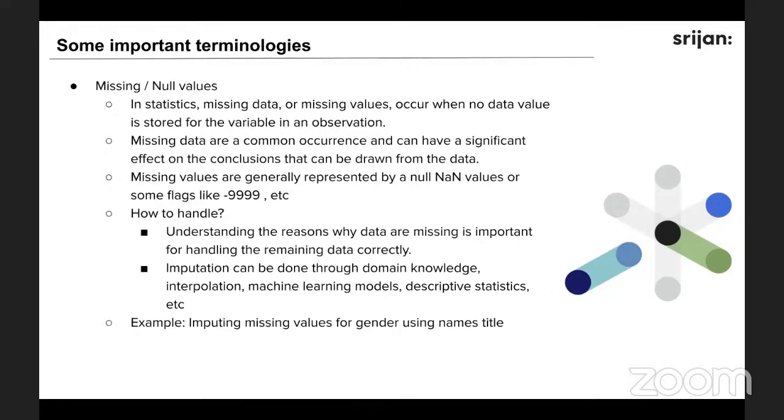Now, what if there is one record we found in the gender column that is missing? If we look at the name, then I think with the use of that, we can easily impute it. If there is a name starting with Mr., then we can easily say that we should impute that value with the male category.